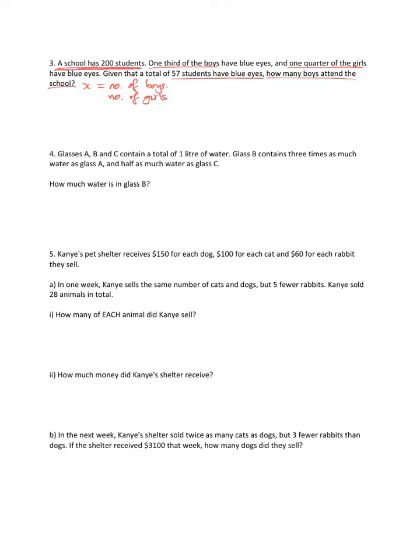That's the key there. So if I know that there's x boys and there's 200 students in total, well, 200, the total, minus the number of boys, that's going to be the number of girls, because everything left over after the number of boys from 200 is going to be the girls. Alright? So now we've got something to deal with here.